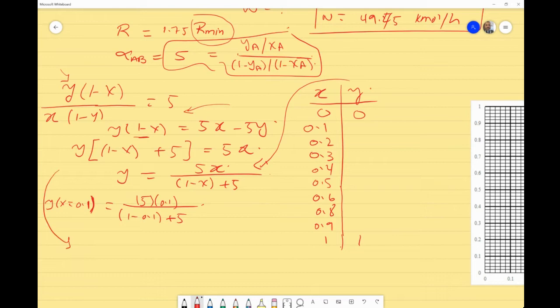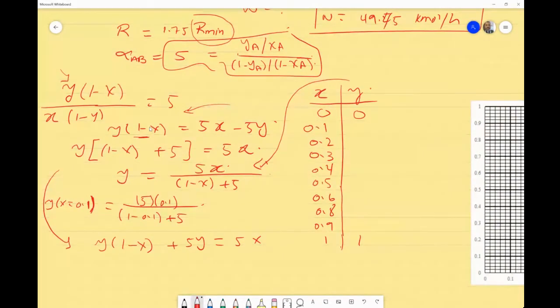If I do that again, you're going to have y, 1 minus x plus 5y. Just to confirm what I'm doing is correct here. Is equal to 5x. I'm not sure this equation is right, to be honest. I think it is wrong here.